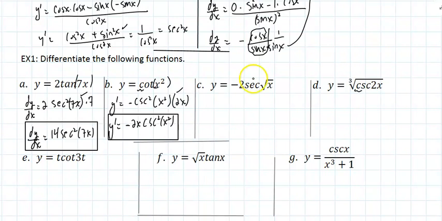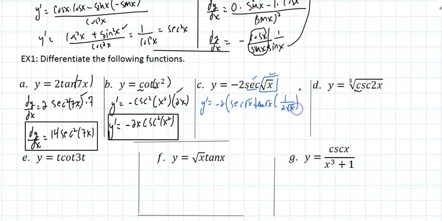If I want to take a derivative of secant, I know that the derivative of secant is secant tangent. So derivative of secant is secant of whatever that angle is, tangent of whatever that angle is, times the derivative of the angle. Well, again, a square root appears a lot more than we like.